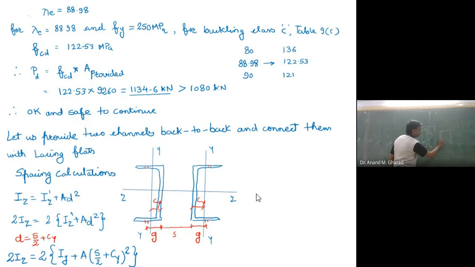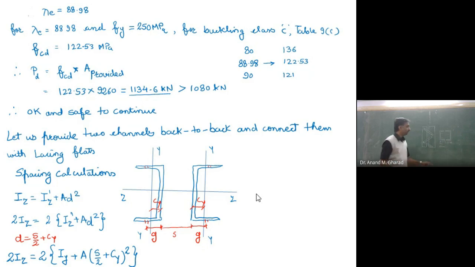There are few terms like the gauge distance and CYY value or the center of gravity. Here you will find that I have mentioned this gauge distance. What is the CYY value? This is 23.5 mm.